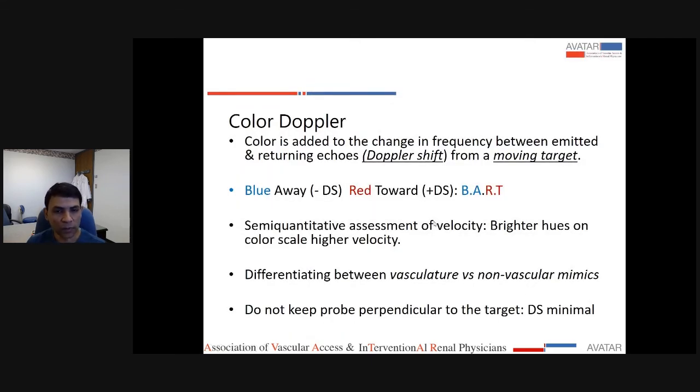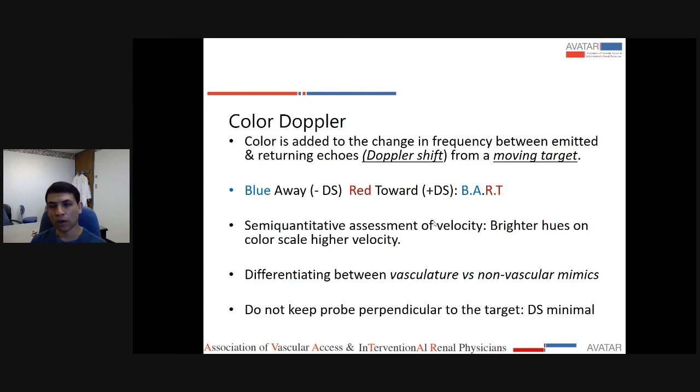Next, we come to color Doppler. Whenever an ultrasound beam is emitted towards a moving target, the reflected waves that come back change in frequency. This change in frequency is called the Doppler shift, and the machine is able to recognize this and give it a color.